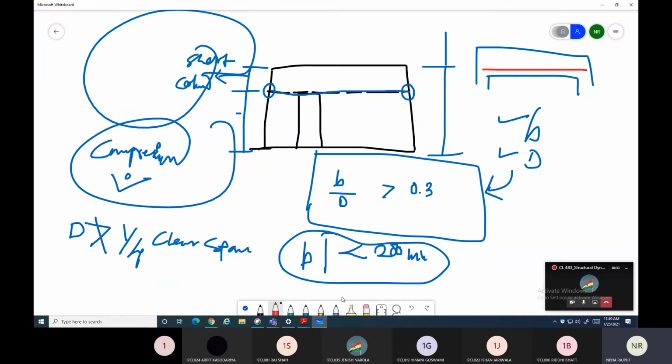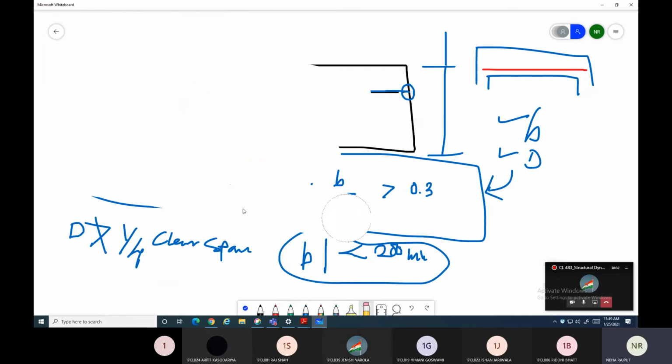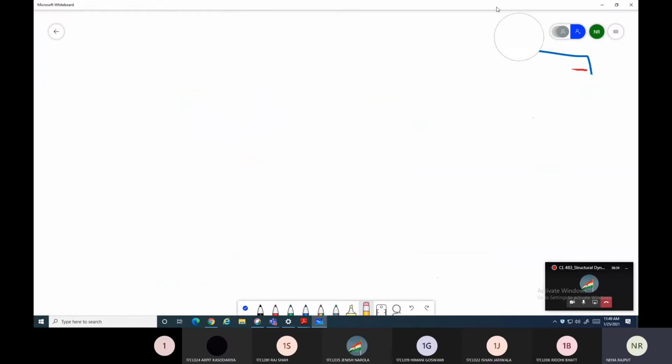So this is one of the requirements when you are dealing with IS 456 and 13920 both: your beam cross section should have at least two bars at top, two bars at bottom, and minimum diameter of 12 mm.